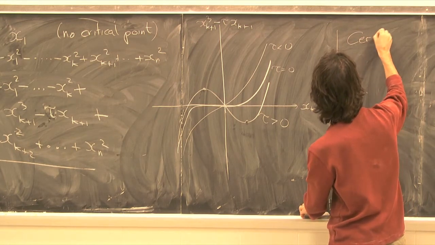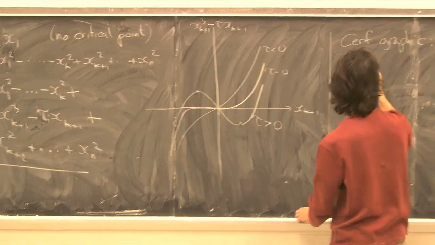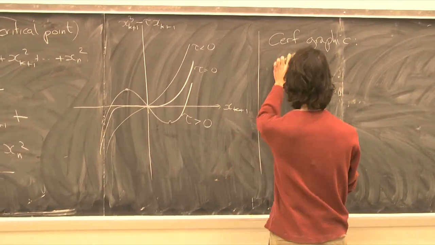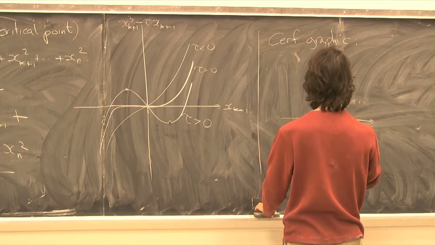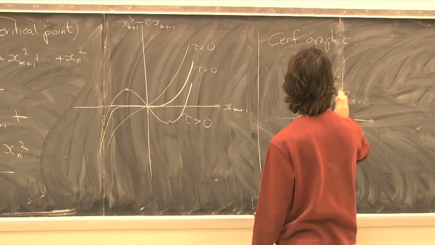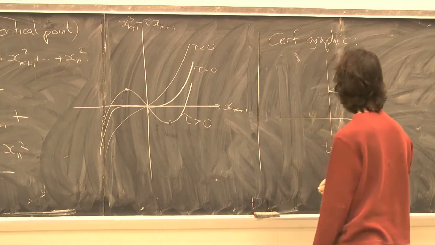So this means that you draw in this picture the graph of critical points, and we see at time t equals 0 precisely a pair of critical values appearing.